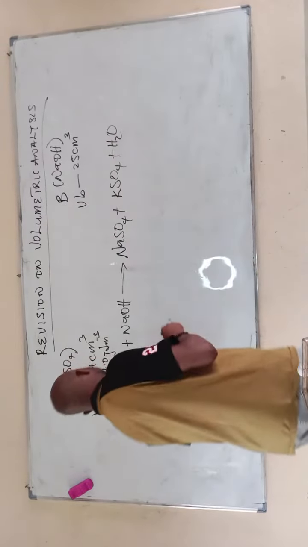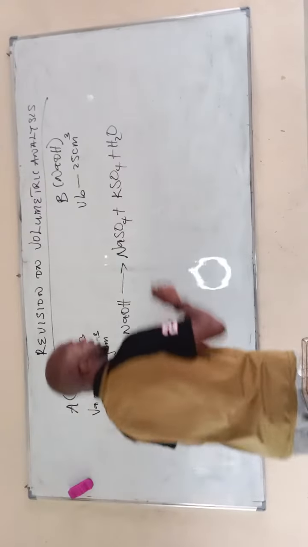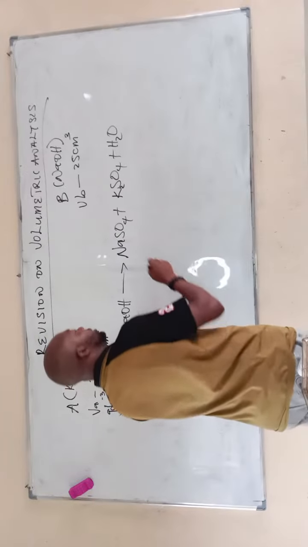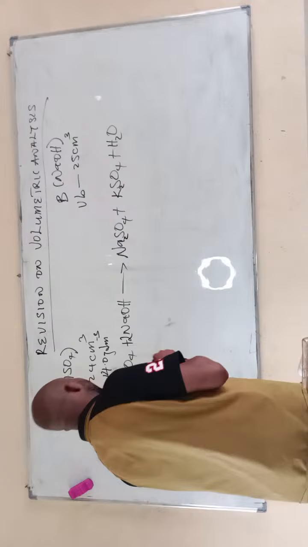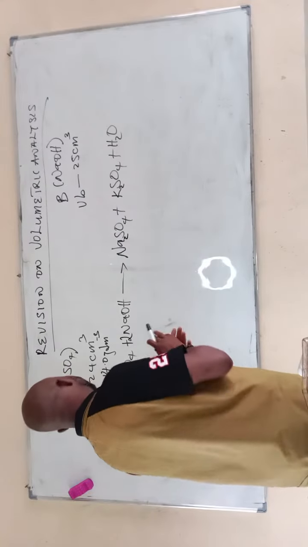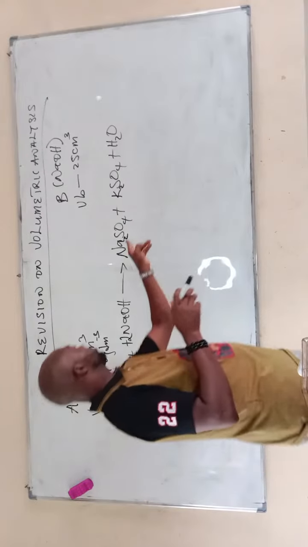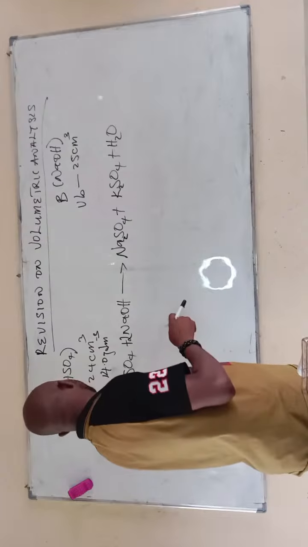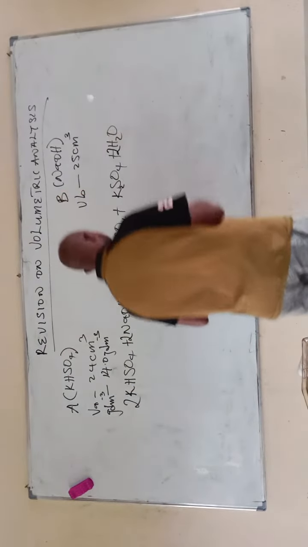For this to happen, we're having 2 moles of potassium, then we have our 2 here. And sodium here is obviously going to be 2, and here we're still also going to have 2. But let's check if it is balanced. 2 sulfate, 2 sulfate, 2 sodium, 2 sodium, 2 potassium, 2 potassium. Water, we have 2 here plus 2, 4. So I have my 2 here. So my equation is balanced.